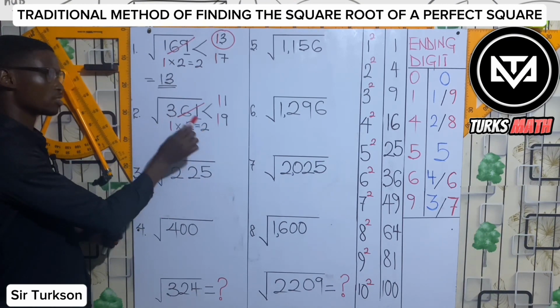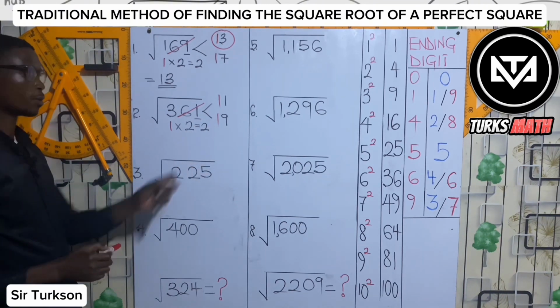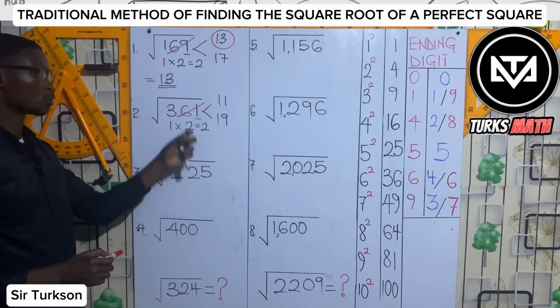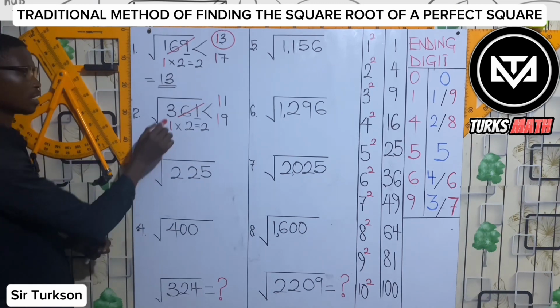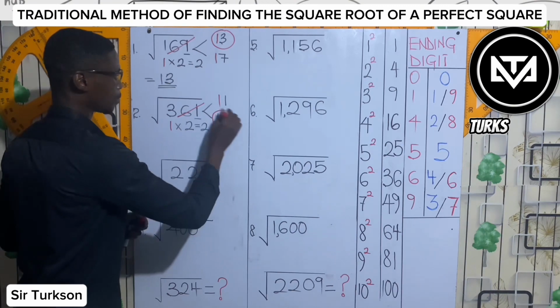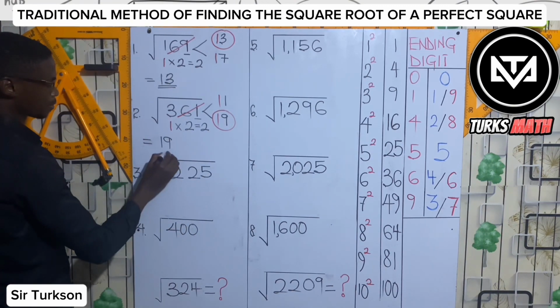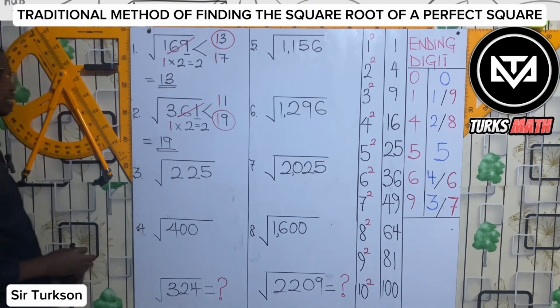So if 3 is greater than 2, then you go by the larger value. Therefore, our answer is 19.